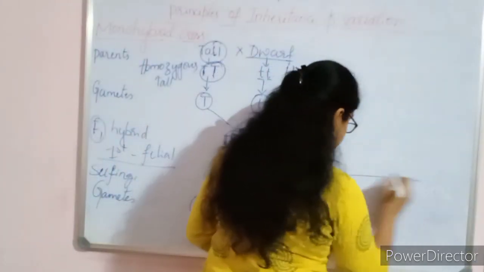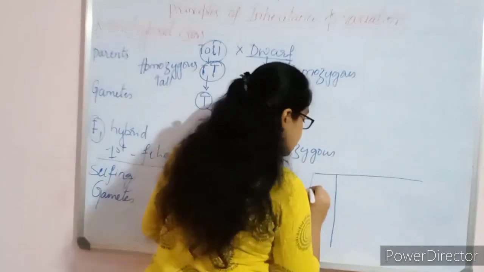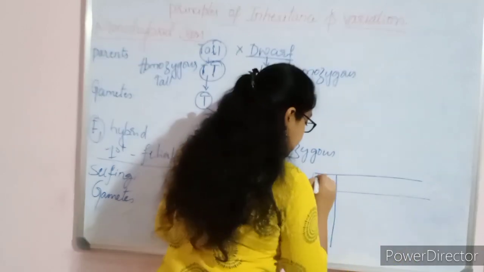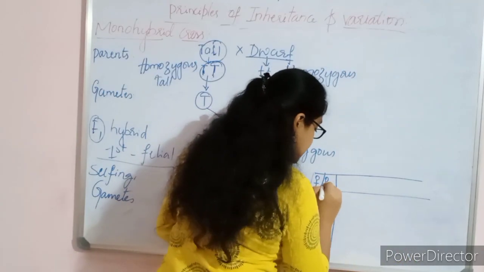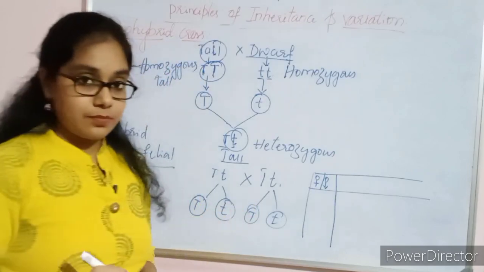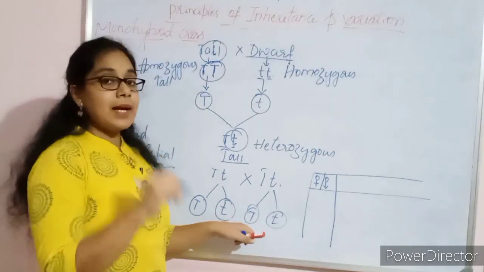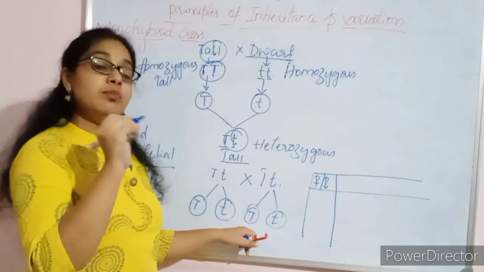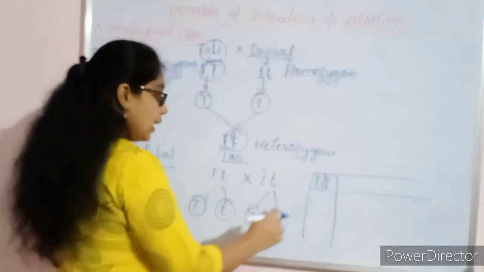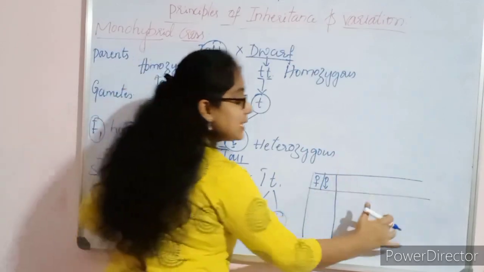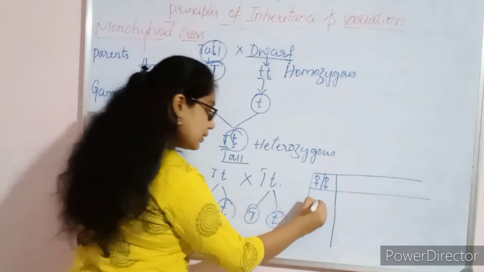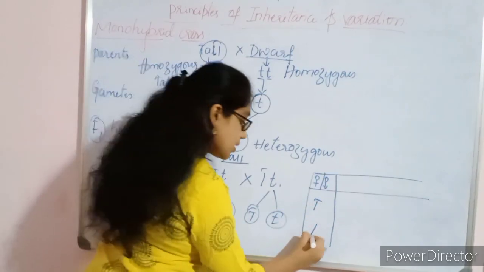First, in the first box you have to write the male and female symbols, because it is a bisexual flower which has both the sex organs. And again here you are going to write the gametes, that's all. So one is capital T, another one is small t.